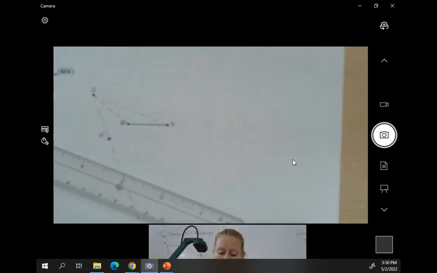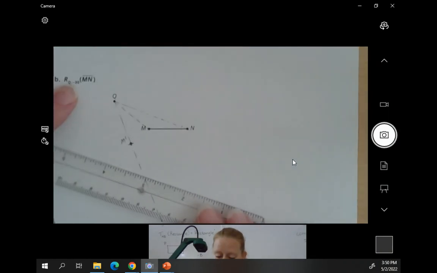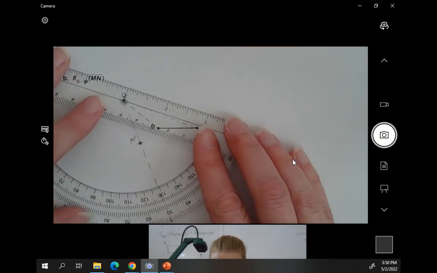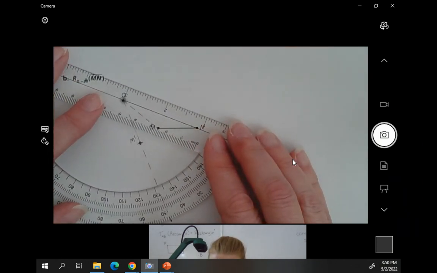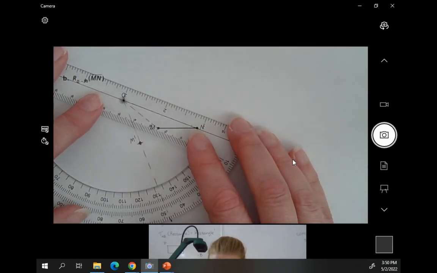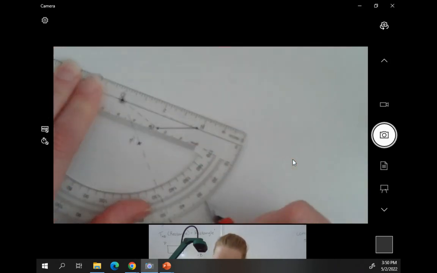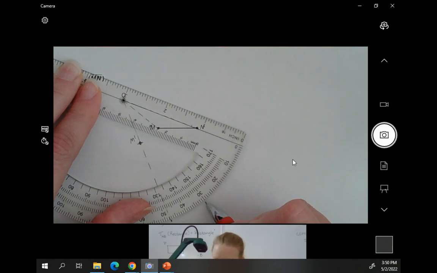Okay, I need to rotate a negative 30 degrees. So I'm going to put the center over Q and line up the side of my protractor here with N. 30 degrees is over here. Again, it's kind of on the outside this time, and that's okay. There's a 30 degrees.